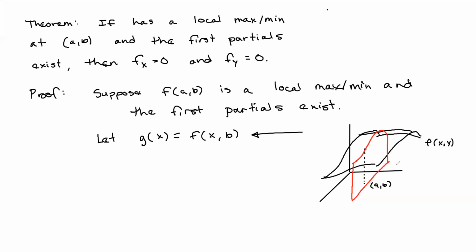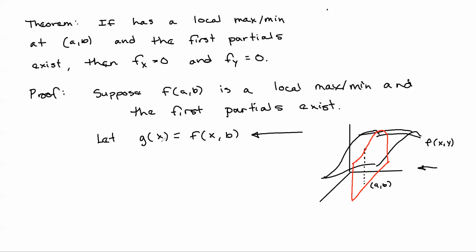If you looked up the y-axis at this, it would look exactly like a Calc 1 style curve. You wouldn't see any of this 3D stuff. You would just see this curve, a z-axis and an x-axis, and that would be it. So effectively we've taken our surface and turned it into a curve.